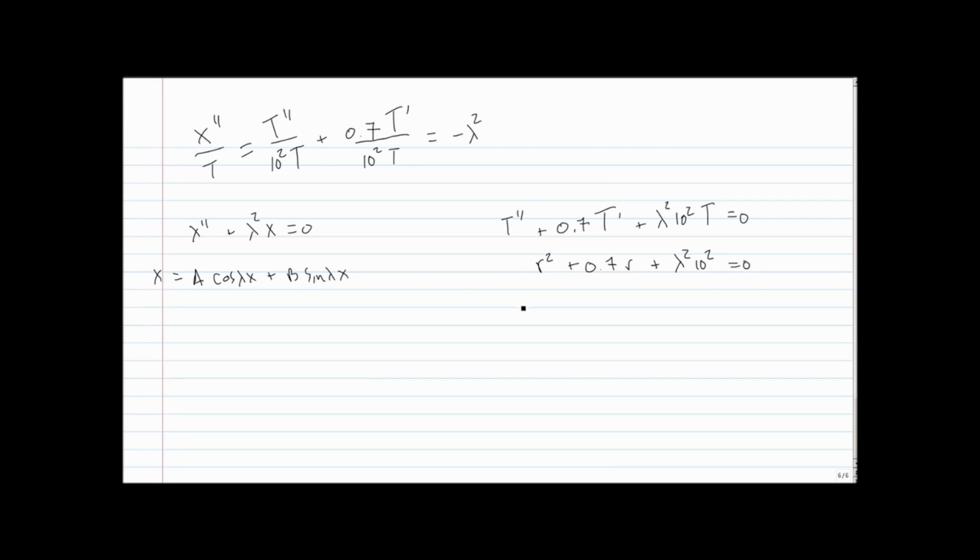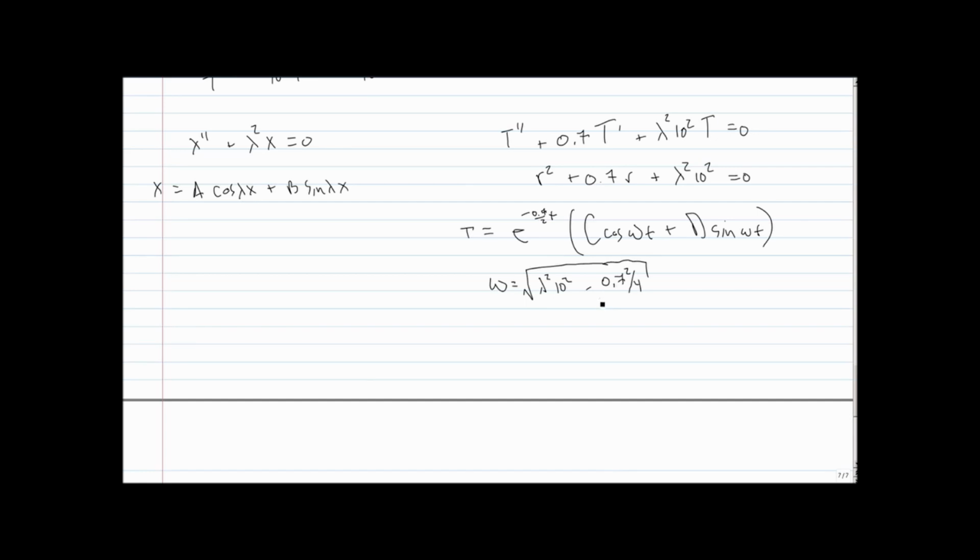When you find the roots of this equation, you can see that there's a real and imaginary part to it, and the solution for this equation ends up looking like this, where this omega, the angular frequency, is like this. You can already see that the real part of the roots of this characteristic equation leads to this decreasing exponential term here, which decays and leads to the damping behavior.